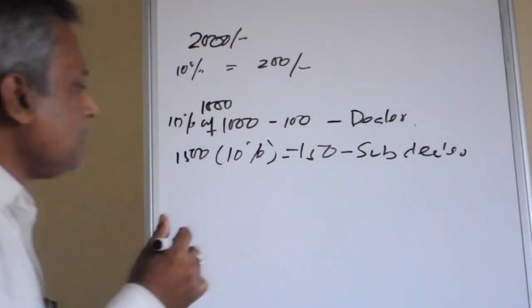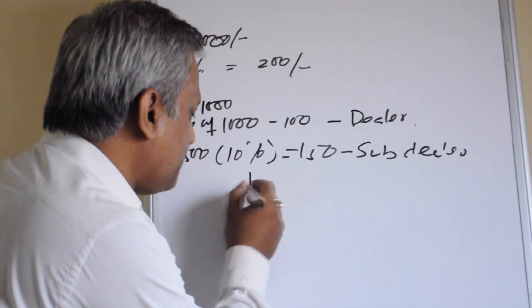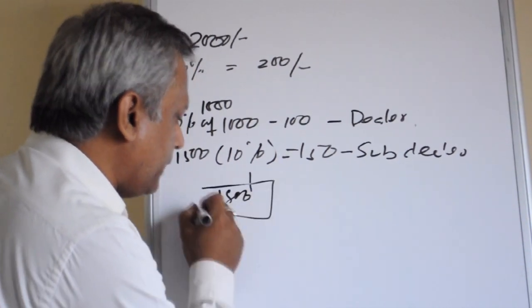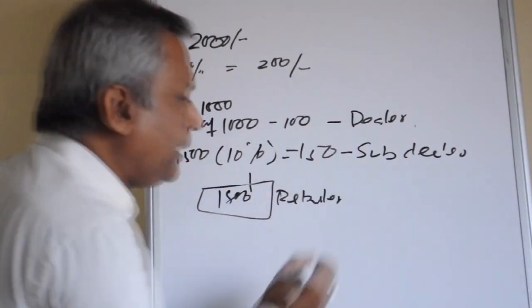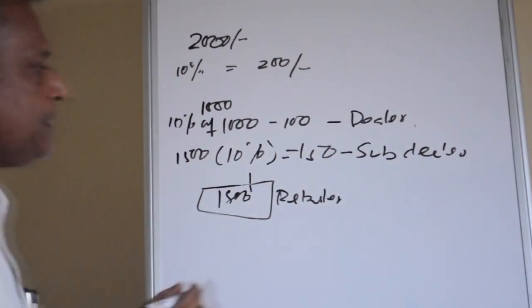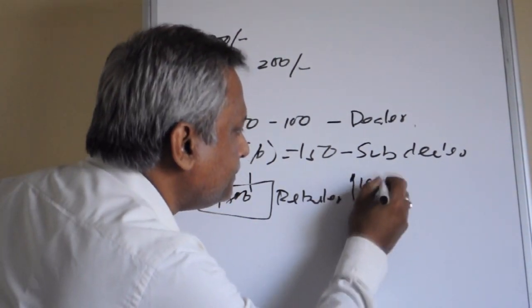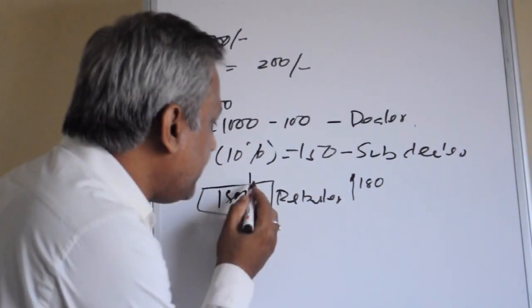Now let us say the dealer sells at 1800 rupees to the retailer, this is the retailer. The retailer will pay a tax of 10% of this, which is 180.